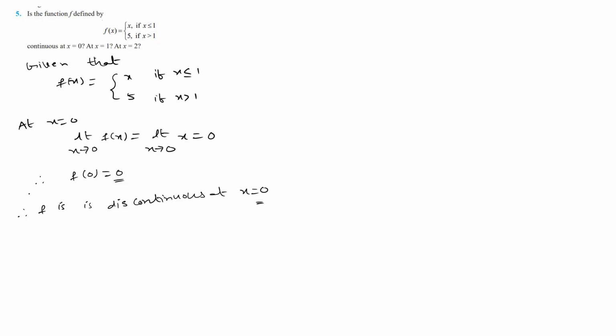The second one is at x equal to 1. At x equal to 1 we have to take the LHL, the RHL and f of the function also. First, f of 1 is equal to 1 only. Next, LHL: limit x tends to 1 minus f of x, where f of x is x only, which is nothing but 1.